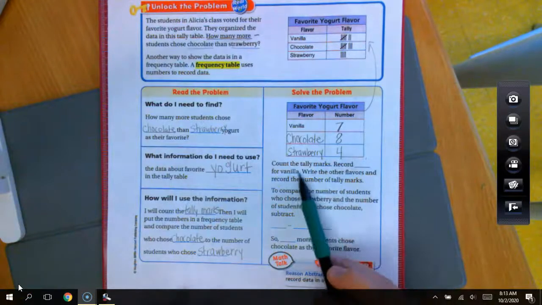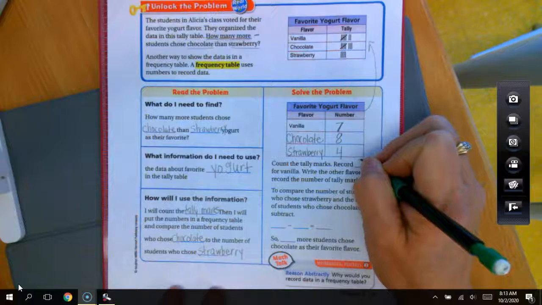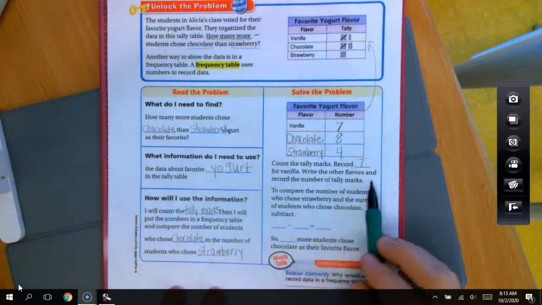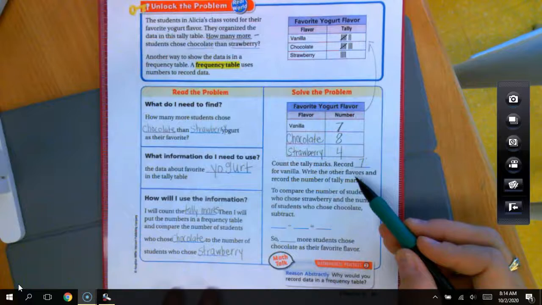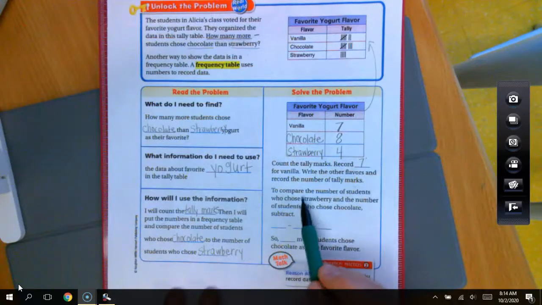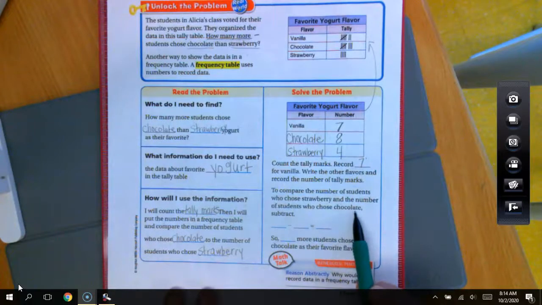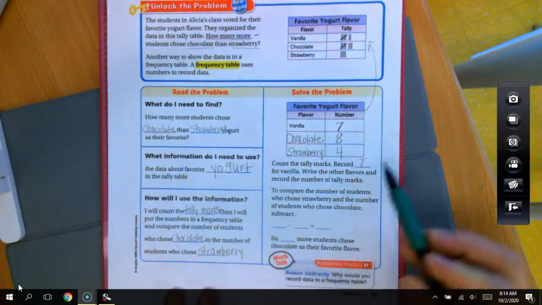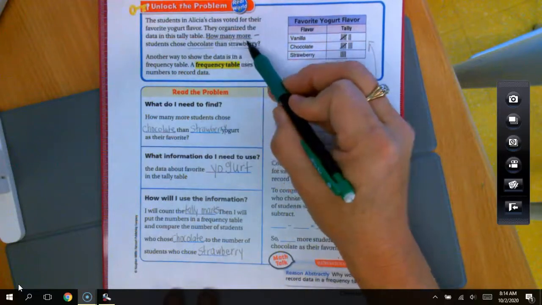Okay, it says count the tally marks and record. Well, we did 7 for vanilla. Write the other flavors and record the number of tally marks. We already did that, boys and girls. So let's go down. To compare the number of students who chose strawberry and the number who chose chocolate, subtract. We knew that from up above when we read the words, how many more.